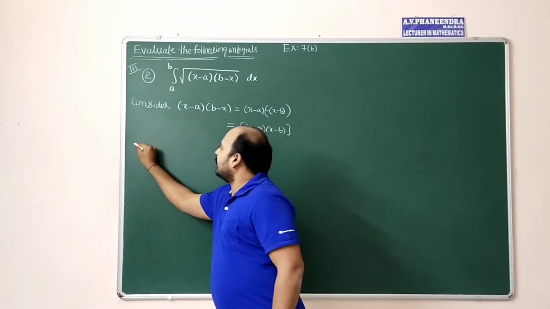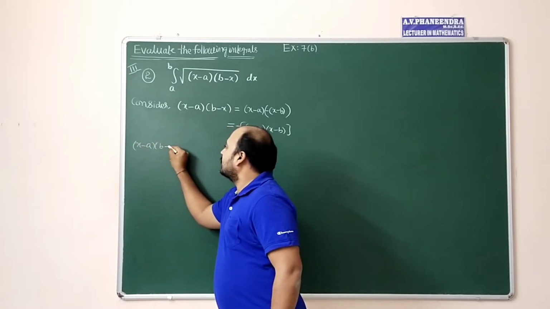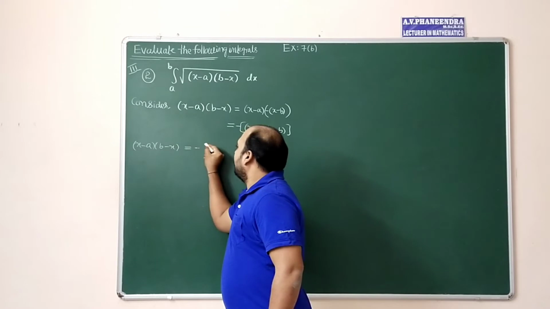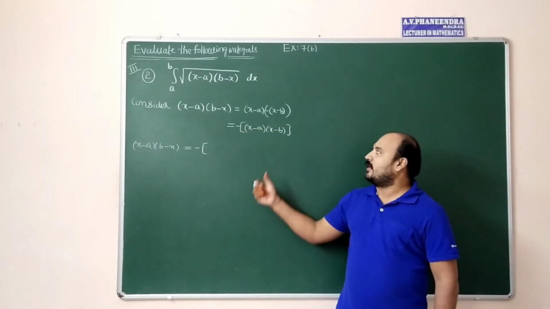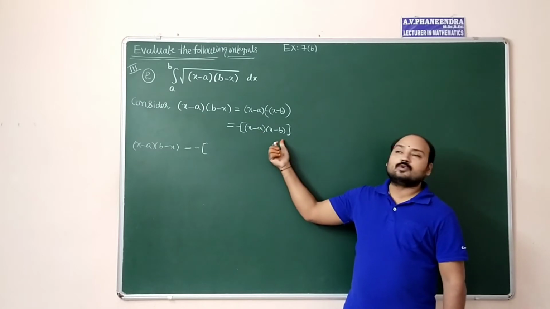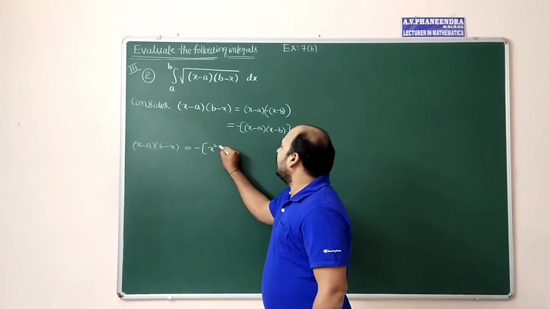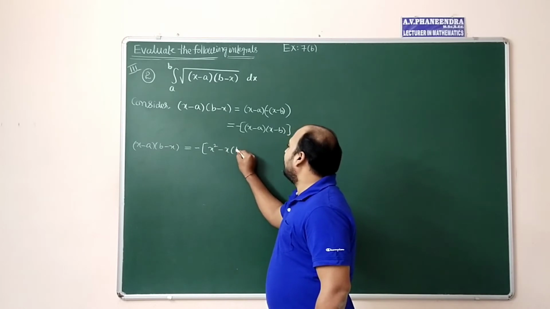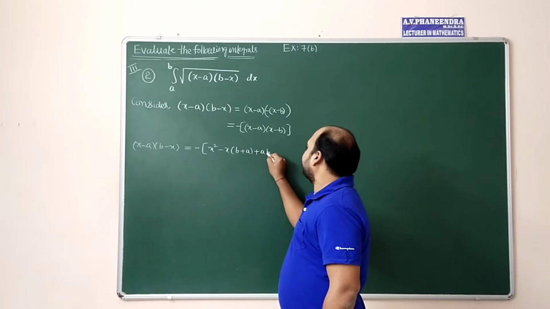So now (x minus a) into (b minus x) can be expressed as minus of, we know that from quadratic equations, a quadratic expression whose roots are a, b, we can write it as x square minus x into (b plus a) plus ab.